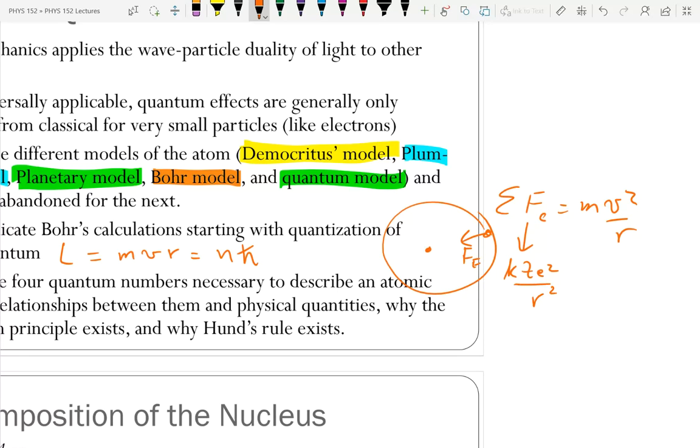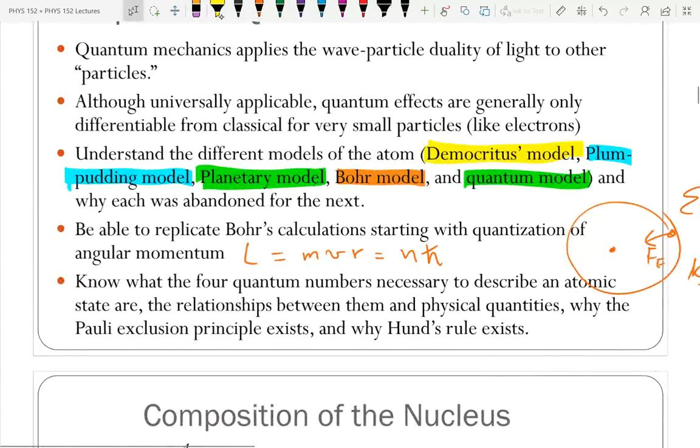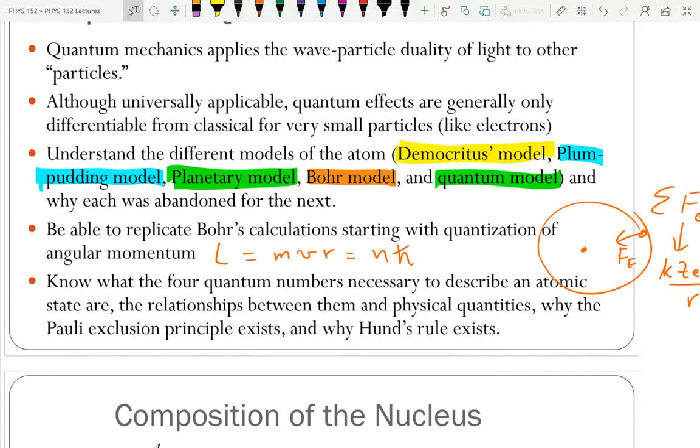And so you get that equation k z e squared over r squared equals mv squared over r. You should be able to go from that and the angular momentum quantization to getting a specific radius for the Bohr atom. I'm not going to ask you to go from there to the specific energy because I didn't do that step of the problem in class.